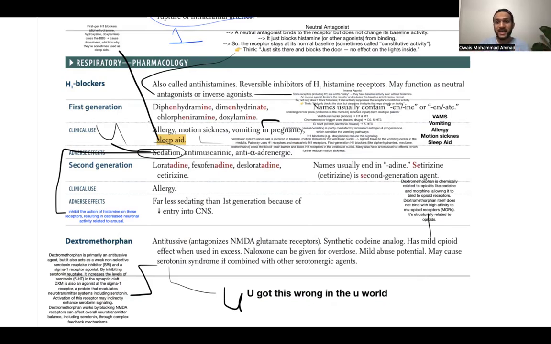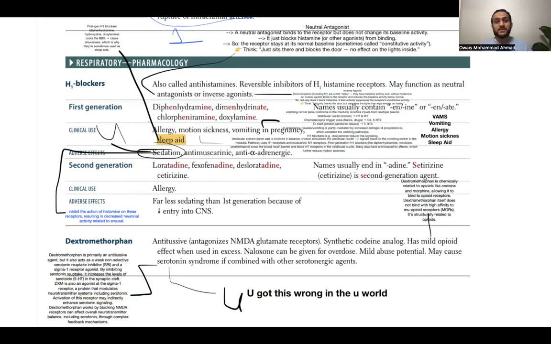Allergen enters our body, our mast cells react and release histamine, which leads to vasodilation, congestion, and other effects. These drugs block histamine's effects, so they decrease allergies.